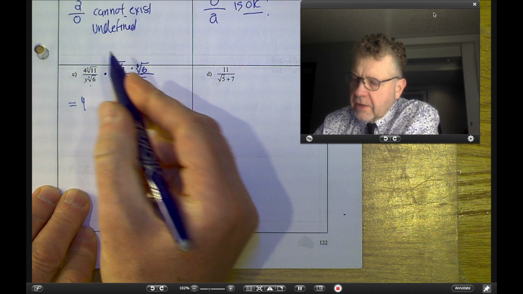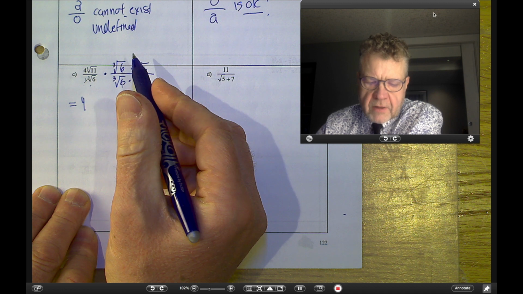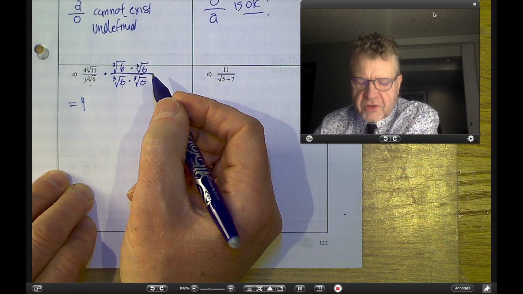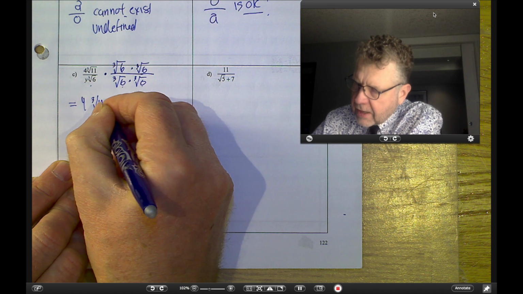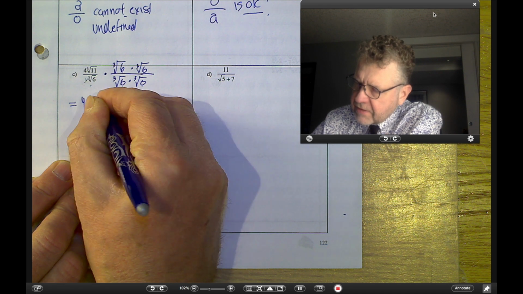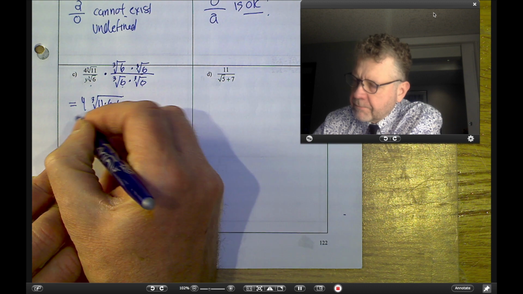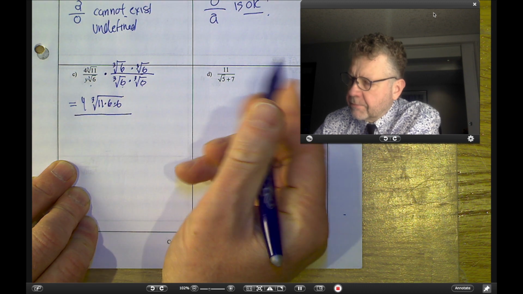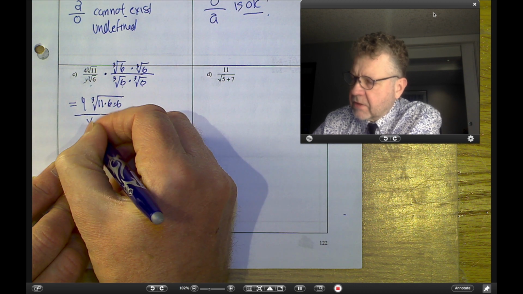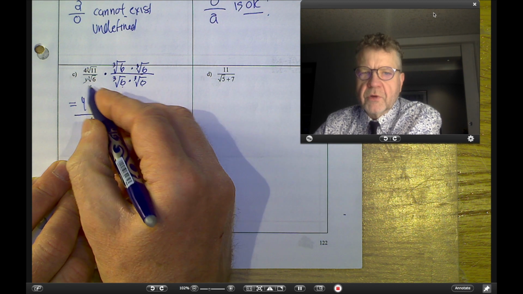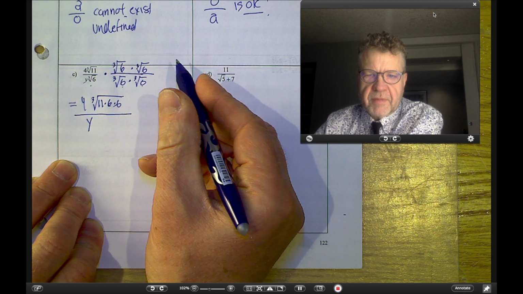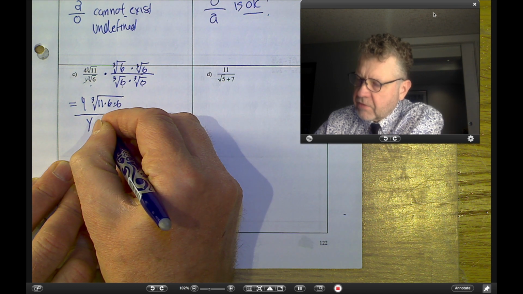And now I've got cube root 11 times cube root 6 times cube root 6. So this is going to be the cube root of 11 times 6 times 6. Boom, just like that. And on the bottom, I'm going to have the y, because that's really the coefficient there. And then cube root of something times something times something is simply that something. So I'm going to have 6 there.